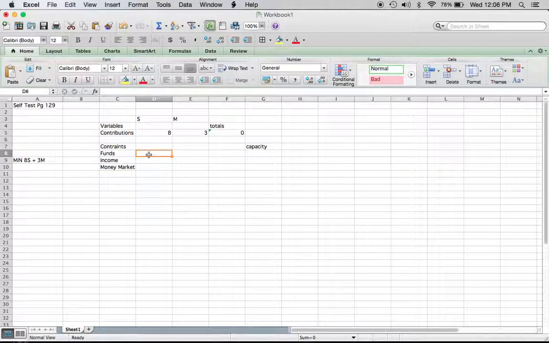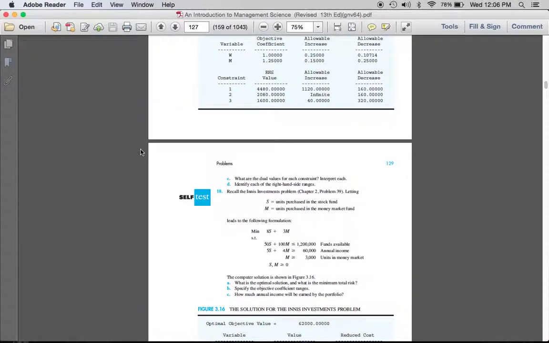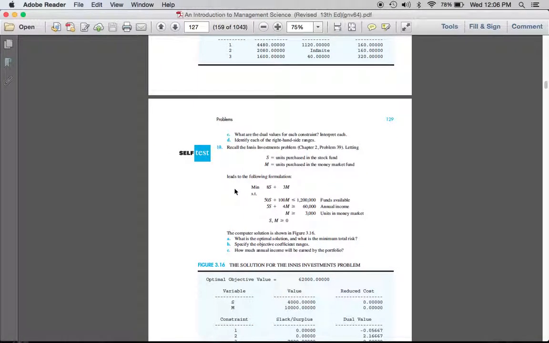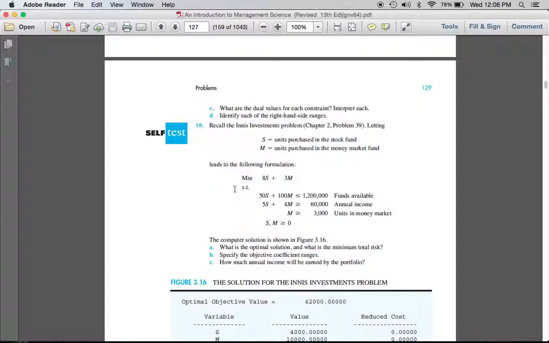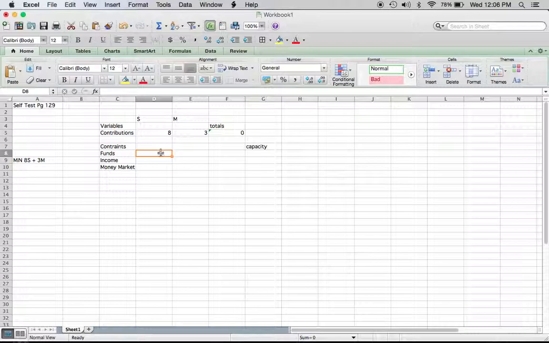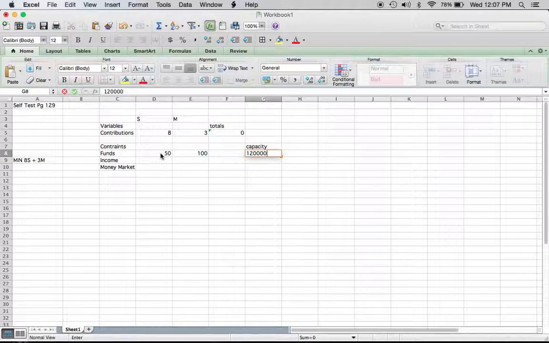So it's, I guess it's not, it's $50 for S, 100 for M, and the capacity is how much? It's not 1,200, is it? That will cause some problems in your equation, right?